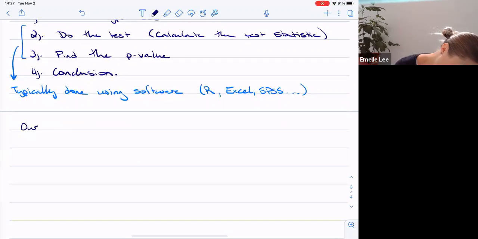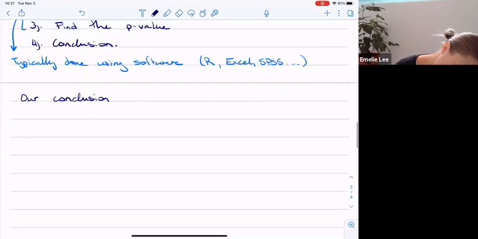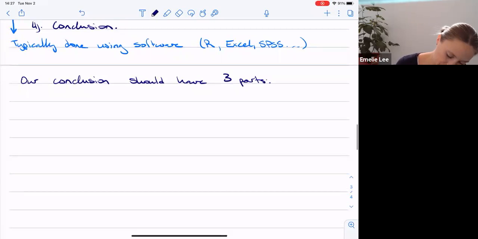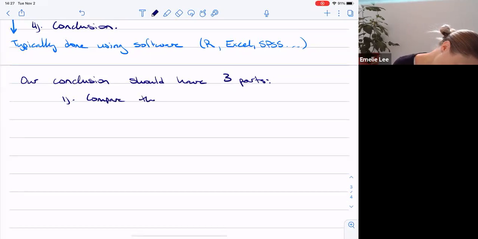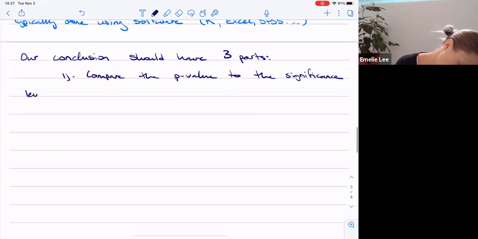And so our conclusion should have 3 parts. Compare the p-value to the significance level, which is the alpha level.